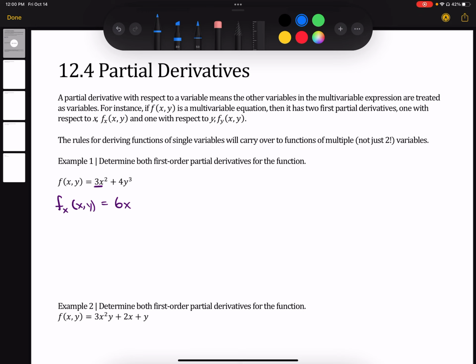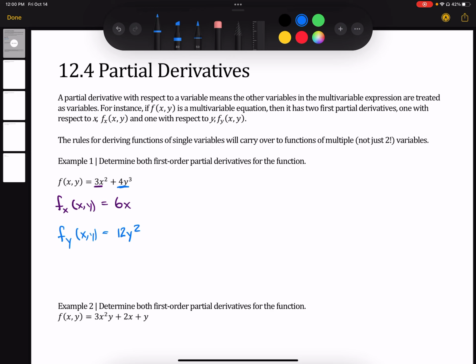Now, if we're looking for the partial derivative fy, this should be a subscript y, just so there's no confusion. So fy of xy is now the only term that has a y is the 4y cubed, so its derivative is 12y squared. And that's how we do a partial derivative.